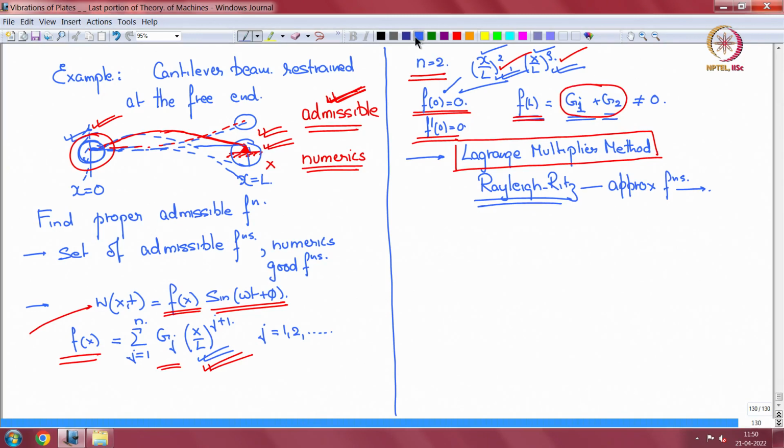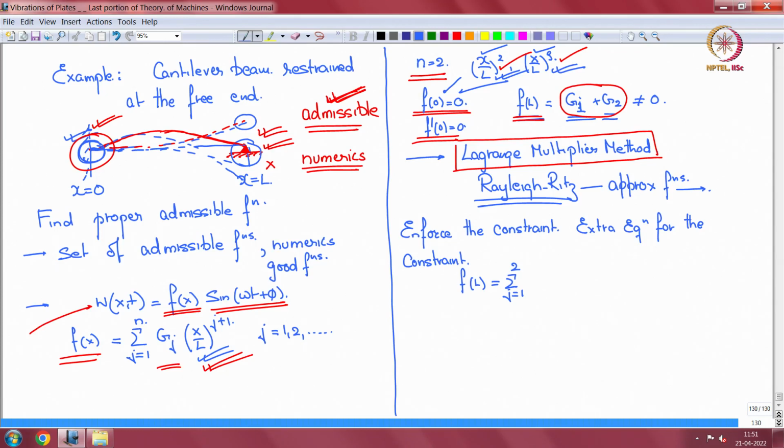So now what do we do? We have to enforce the constraint, so we get one extra equation for the constraint, which is that the displacement at L, the summation over j from 1 to n of gj, is equal to 0.